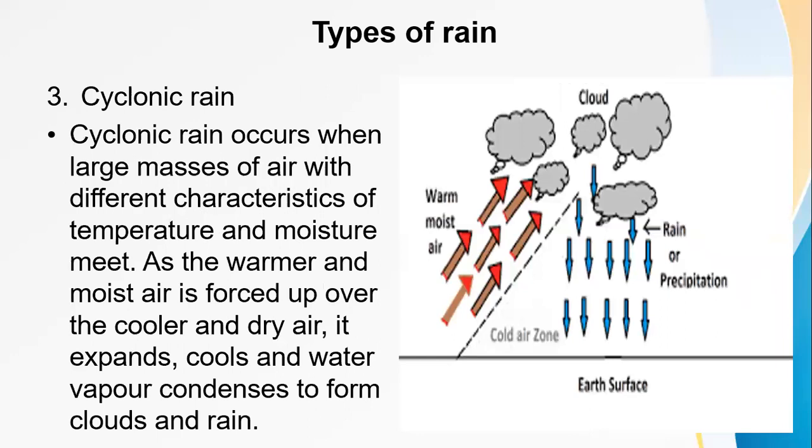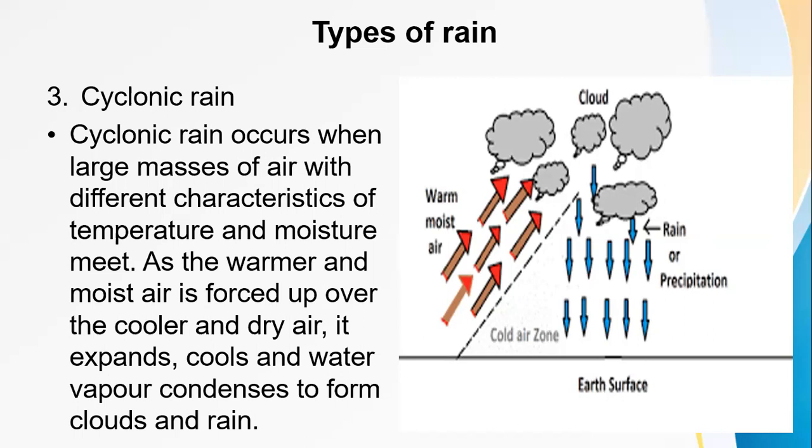The third one is cyclonic rain, which occurs when large masses of air with different characteristics of temperature and moisture meet. As the warmer and moist air is forced up over the cooler and dry air, it expands, cools, and then water vapor condenses to form clouds, and then finally it rains.